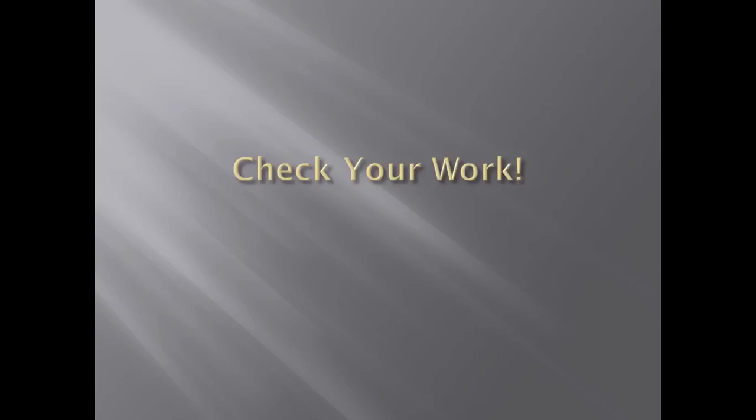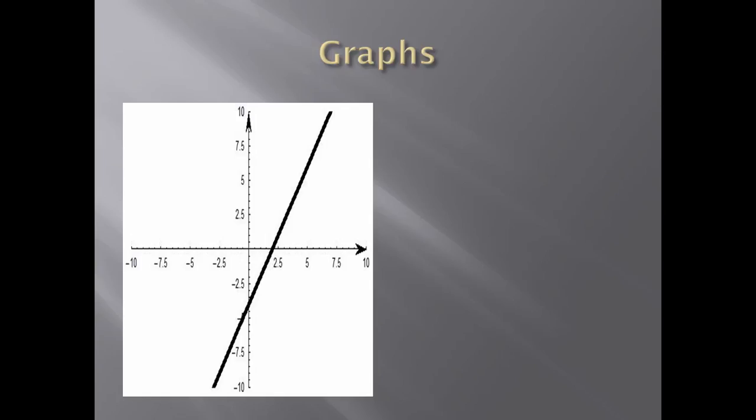Now we must always check our work. There's only one way to know that we've done it right, and that is if we check our work. There's obviously more than one way you can check your work. We have graphs. For the first problem, using the slope-intercept and the y-intercept, we found that the graph at the y-intercept was negative 4, and at the x-intercept it was 2.